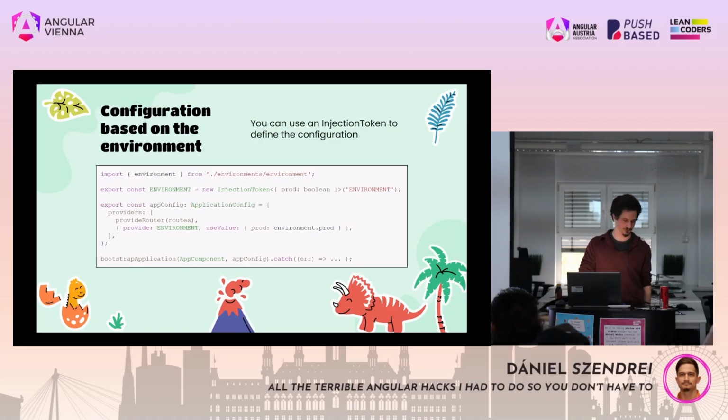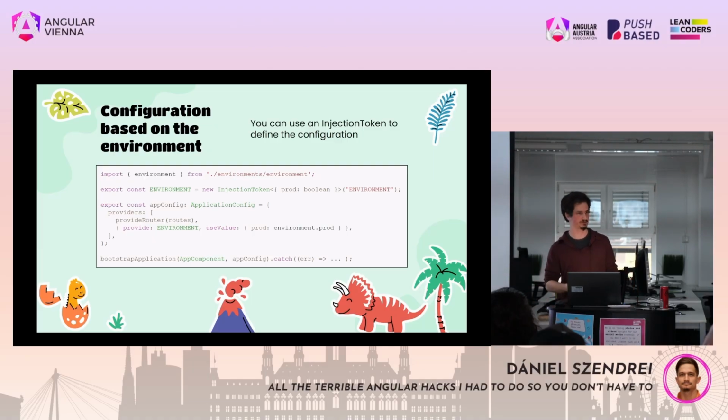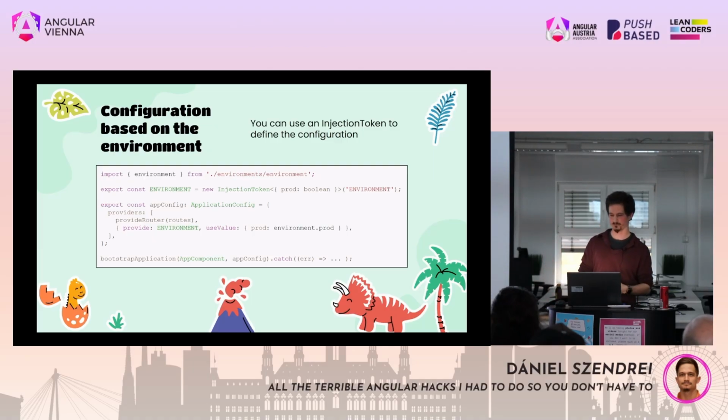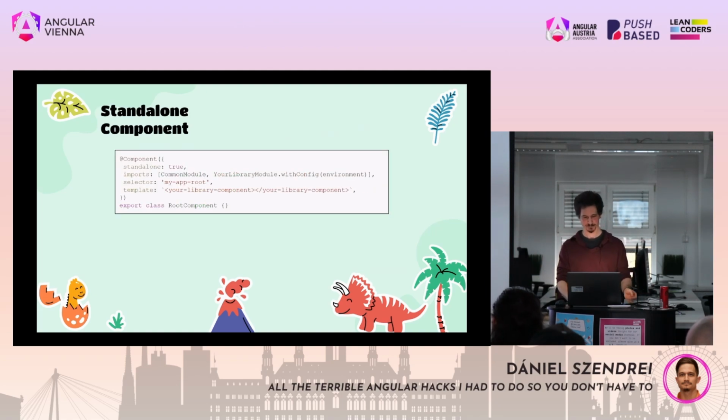And of course, whenever you do this, because you have libraries and whatever, and in the libraries you cannot really access the environment reliably, so you are usually providing an injection token in the application root just to have this environment readily available wherever you want to inject it.